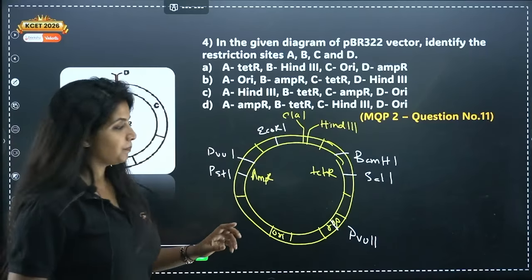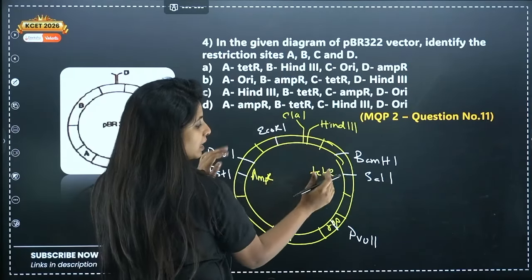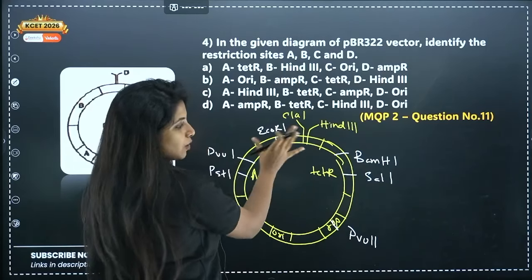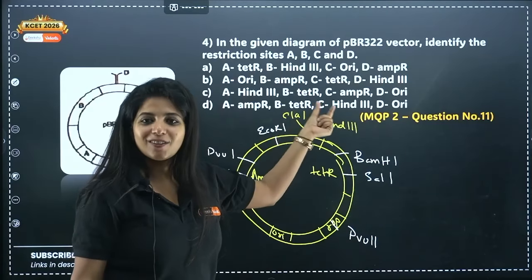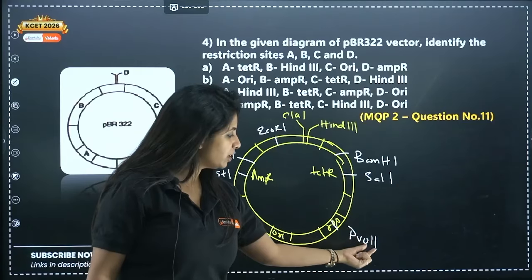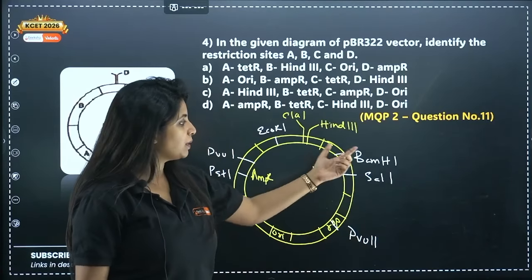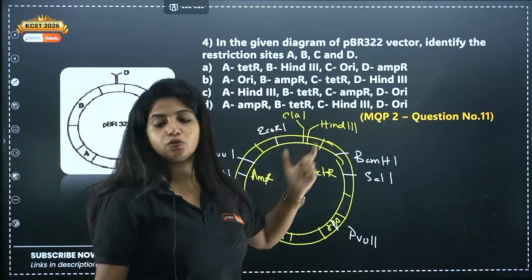Listen to me carefully. 1, 2, and 3. Right? 1, 2 of them are there, and then 3 of them are there. You can remember like that. And the third one ends also with 3. But over here, the first one does not start with 1. It starts with 2. So PvuII, BamHI, SalI, PvuI, PstI, EcoRI, ClaI, and HindIII.